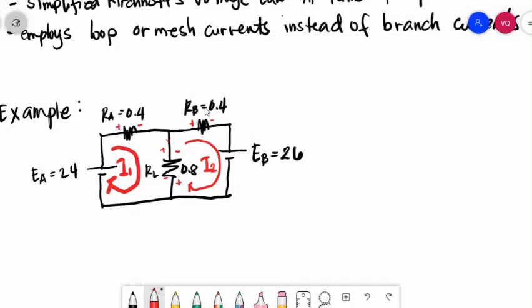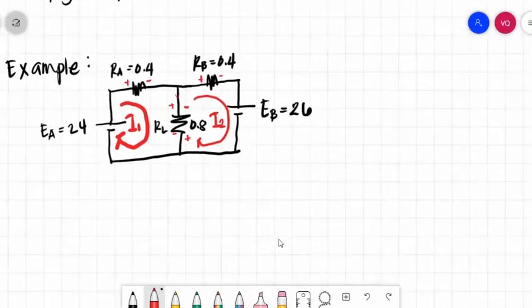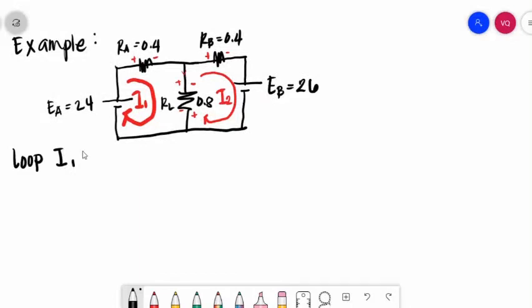Now we are ready to formulate the loop equations of loop currents I1 and I2. So for loop current I1, the loop current enters the negative sign of a battery, so we have a voltage gain here, positive 24.